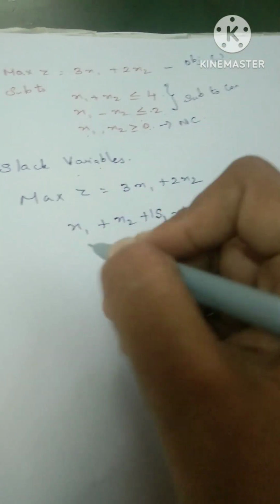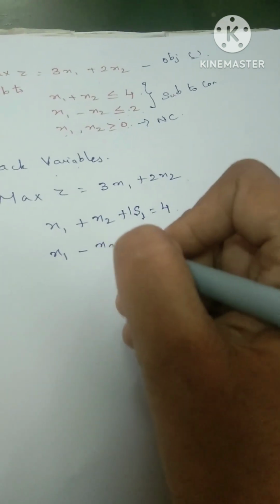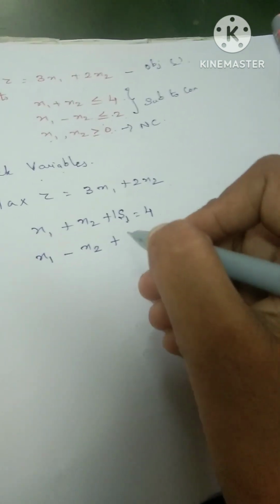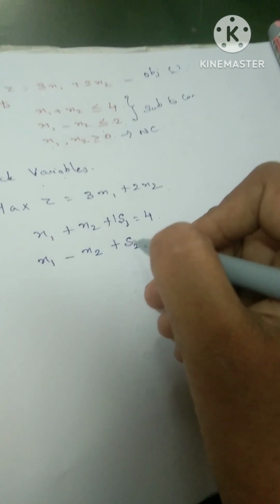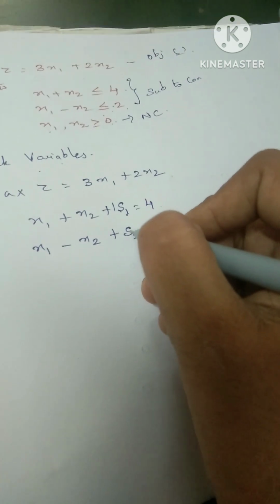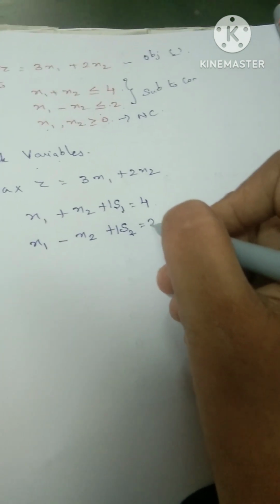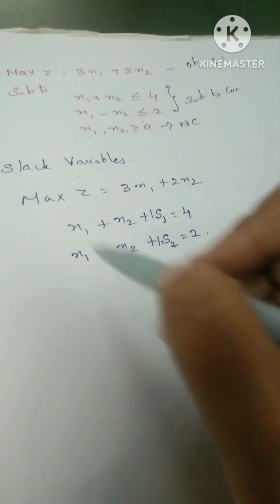The next constraint will be converted as x1 - x2 + s2, that is the second equation with slack variable, and the coefficient will also be 1, which is equal to 2. So this is the condition.